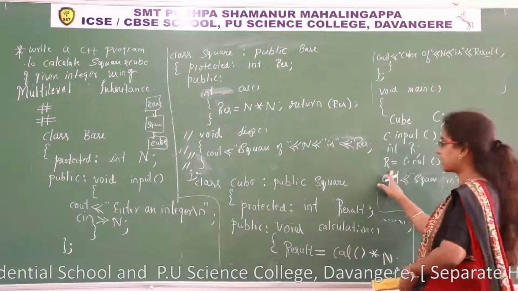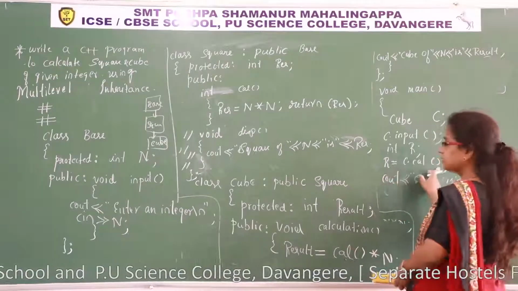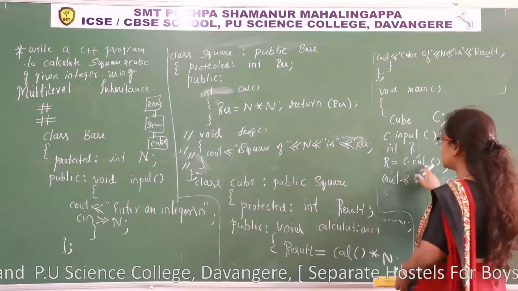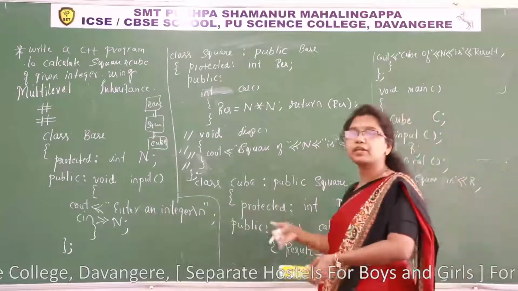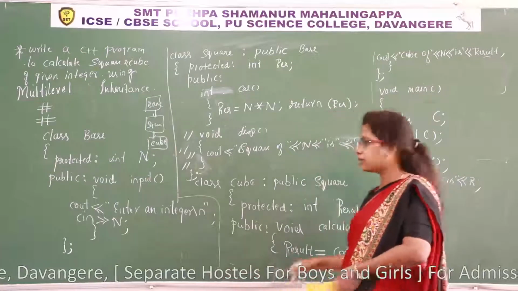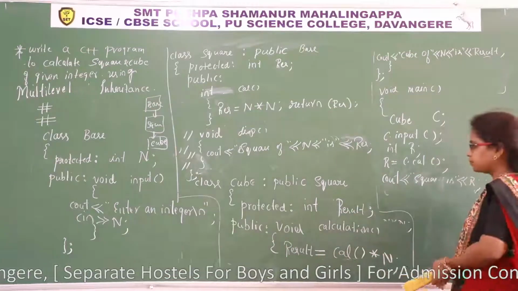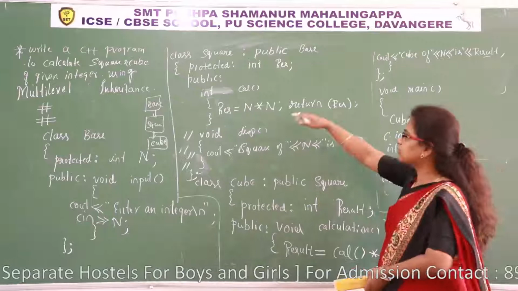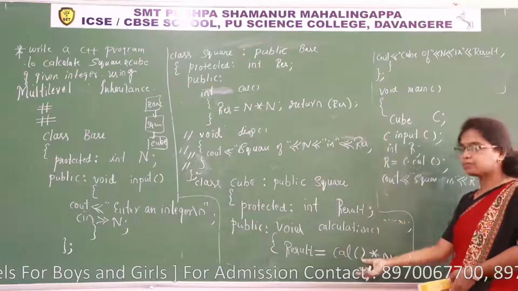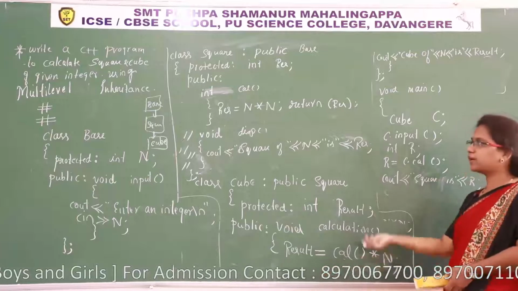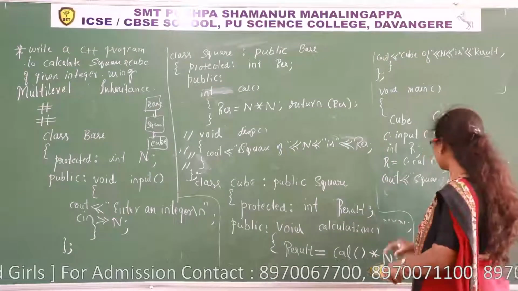To store the result I have taken r, that is r is equal to c dot cal. In this way I have implemented. We can implement this problem statement in a different way. Okay, I have taken this method. Why have I taken this return value? To use that function in the subclass. That's why I am returning a value here.